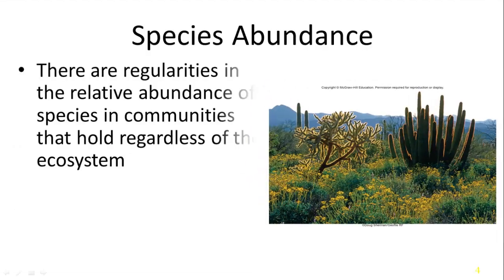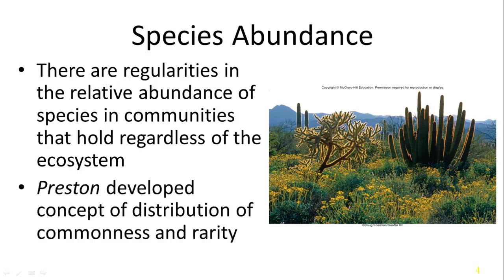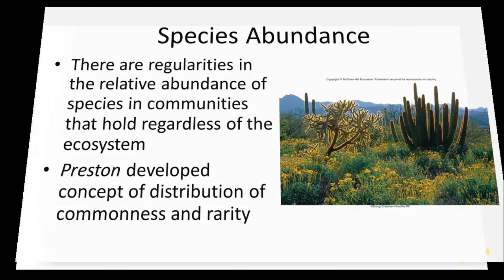Okay, so there are regularities in the relative abundance of species and communities. So looking at different species and how abundant they are compared to others, it seems to be the same no matter what ecosystem you're looking at. And Preston developed these concepts of distribution, of commonness and rarity, which we've talked about before.